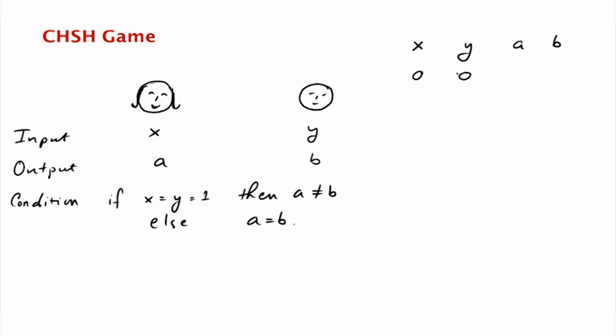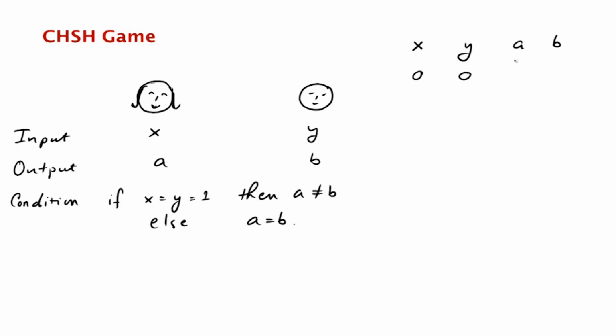Because if she were to output 1 in some successful strategy, we could just flip both Alice's and Bob's answers in all possible cases. And since all we want is whether Alice and Bob output the same or different answers, we won't change their success probability in any way.